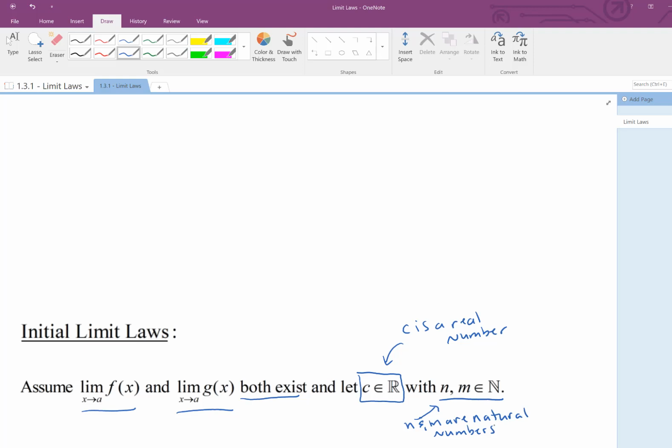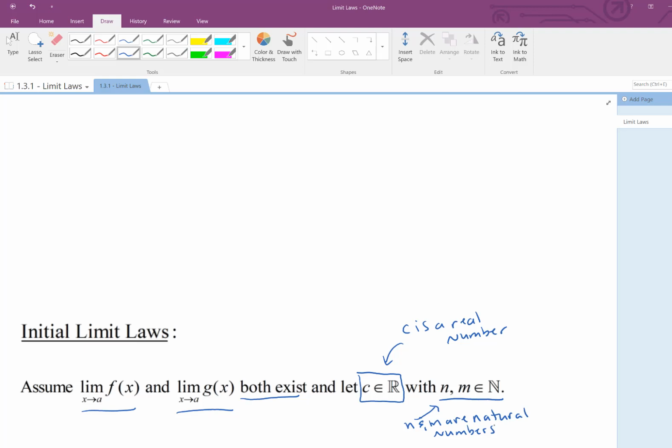When we make the statements we're about to make, it's important to note that we need these things to be true before we say anything else. The limit as x goes to a of f of x and the limit as x goes to a of g of x both need to exist.